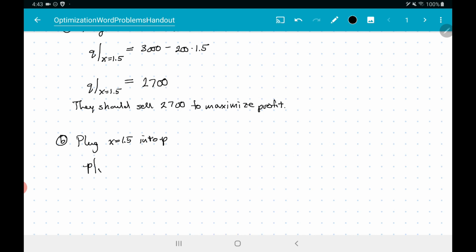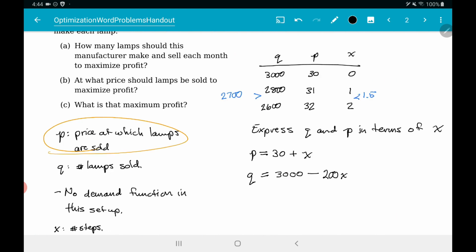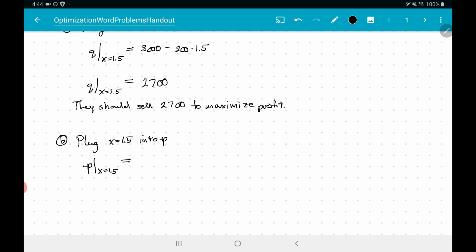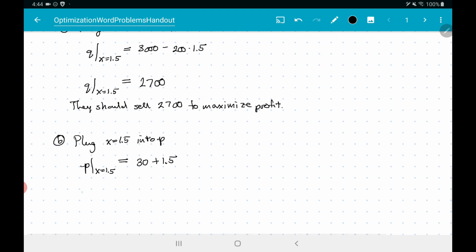Okay, so p, where x equals 1.5, is, well, let's look up p. Again, that's over here. 30 plus x. So that's 30 plus 1.5, and that's easy enough. You can do that in your head, I bet. 31.5. So the price should be $31.50.